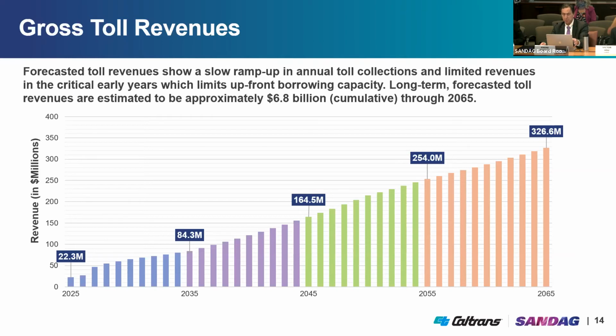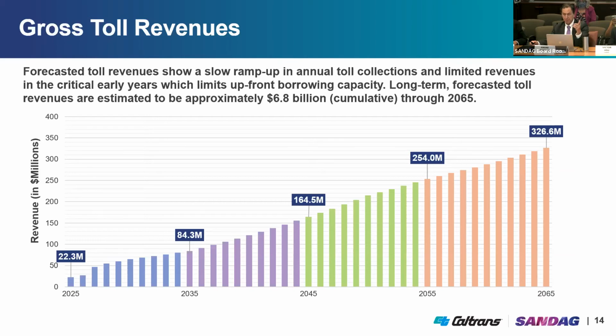And the reason we show through 2065 is basically that's when we should pay off all the debt. And you can see the ramp up is fairly slow. In 2025, when the facility opens, it's 22.3 million. In 2035, 10 years from then, it's 84.3, and so on and so forth, to 2065, when it really grows all the way to $326 million on an annual basis.